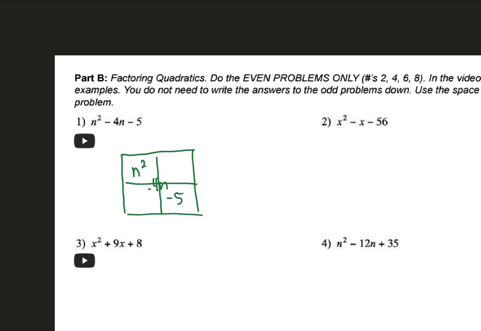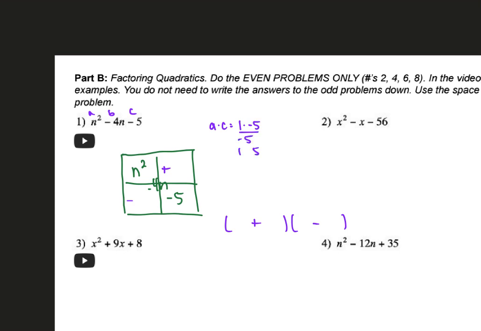Okay, now we're going to pick the signs of our numbers. This is A, this is B, this is C. I have a negative C, which means one has to be positive, one has to be negative. We're going to multiply A times C, which is 1 times negative 5, giving me negative 5.